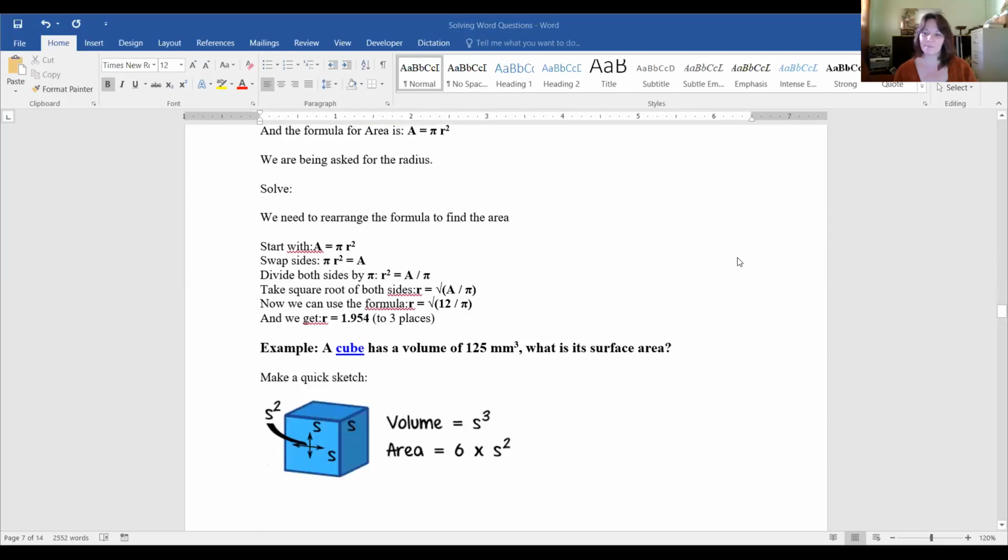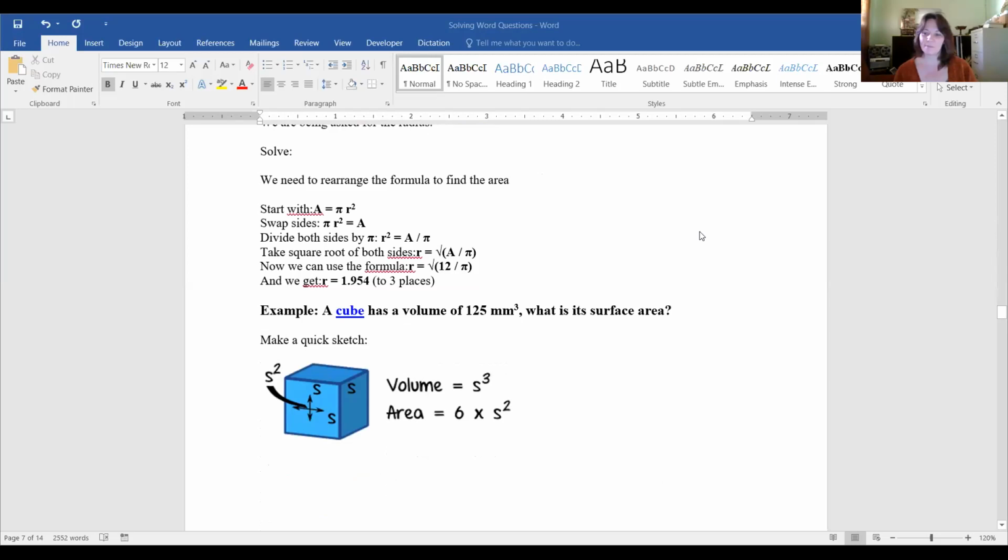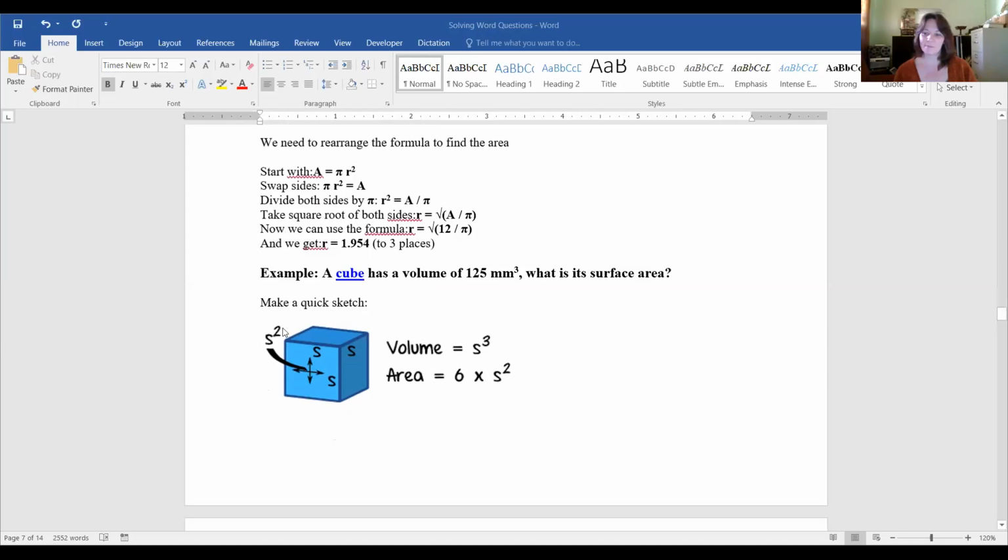So if we look at a cube that has a volume of 125 cubic millimeters, what is the surface area? So let's make a sketch. A cube is a 6-sided box where every side is a square. The volume of a cube, or of a rectangular solid, is length times width times height.